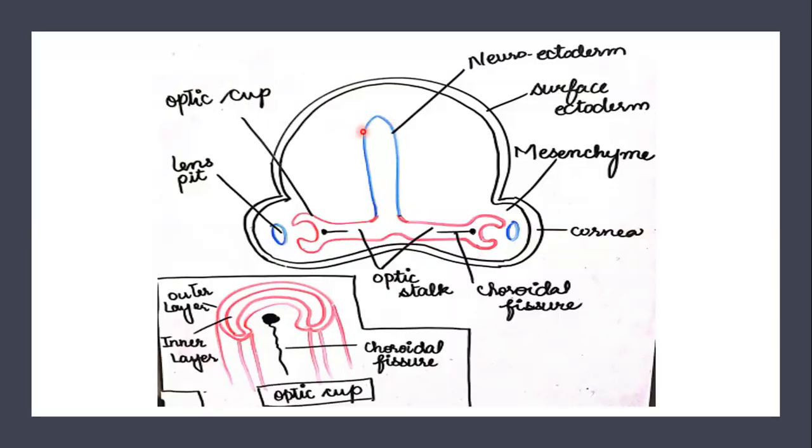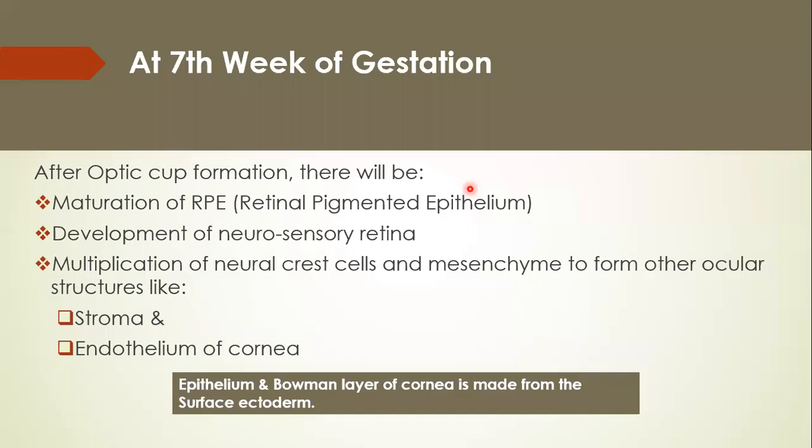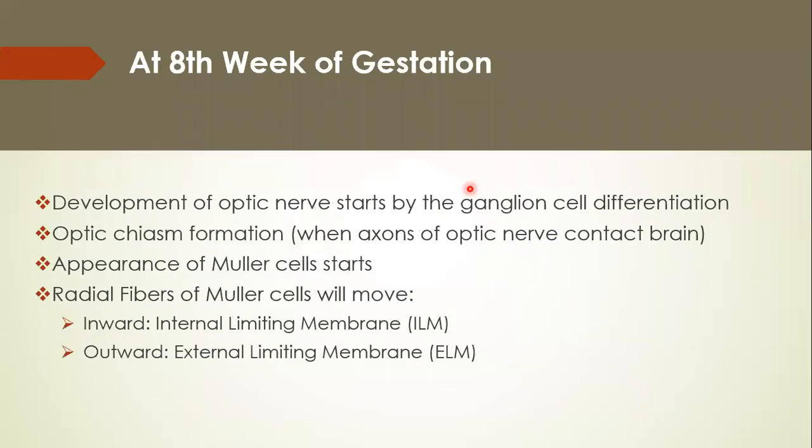The cells present on the top or surface of the neuroectoderm, the forebrain or neural ectoderm, are the neural crest cells, and here is the mesenchyme, right? This mesenchyme is between all the structures. So there will be the development of other ocular structures from these neural crest cells and the mesenchyme present, right? Now, what happens at the 8th week of gestation?